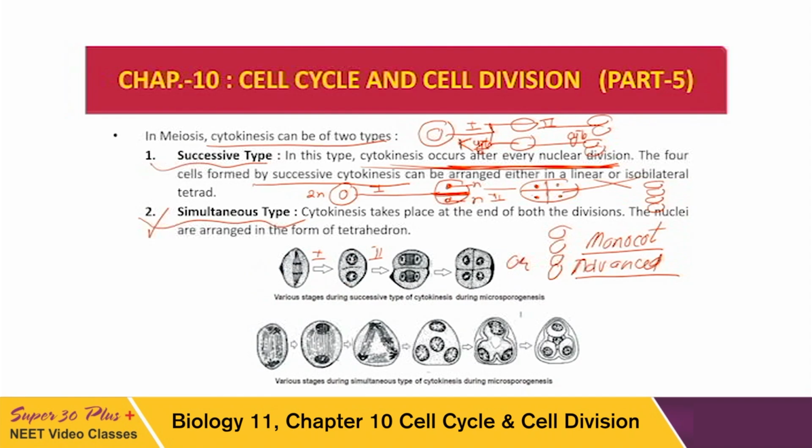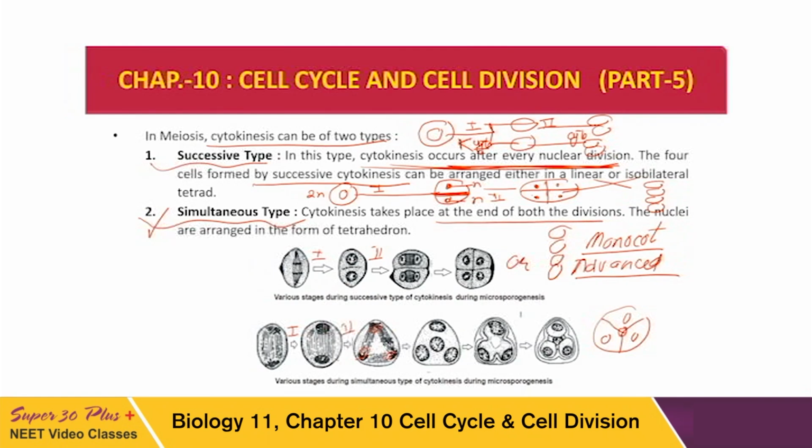Cytokinesis takes place at the end of both divisions. This is the first division, two nuclei have been formed. This is the second division, four nuclei have been formed, one this side, one this side, one this side, and one on the back of this. When four nuclei have been formed, that is followed by cell plate formation or cytokinesis. So these four are arranged in a tetrahedral way, 1, 2, 3, and the fourth on that side.